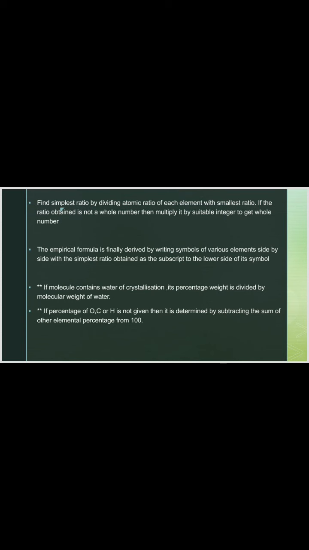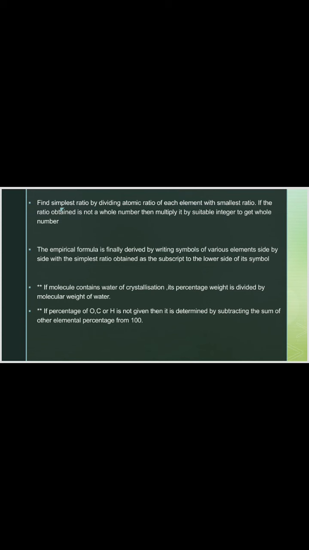For example, if we get the simplest ratio as 1.5, then how can we convert it into a whole number ratio? That is, 1.5 times 2 will give you what? 3. Okay.